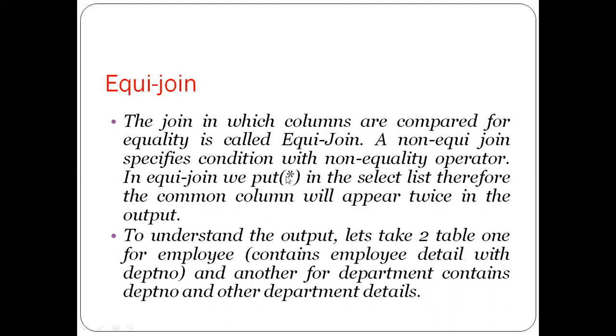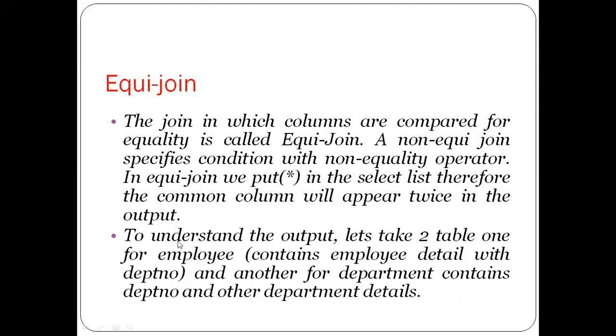So when we put an asterisk, it means all the records from the first table and all the records from the second table will combine together, and the common columns will appear twice in the output.